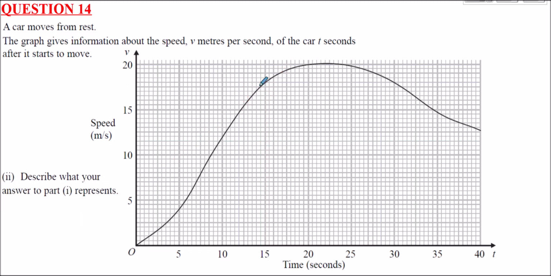Part 2. Describe what your answer to part 1 represents. Well, if we've got here a speed time graph, then the tangent here, we're working out the change in speed. The change in y is a change in speed, and the change in x, the x-axis, is time.